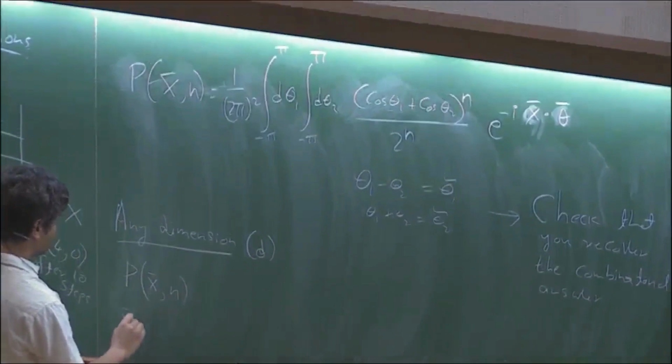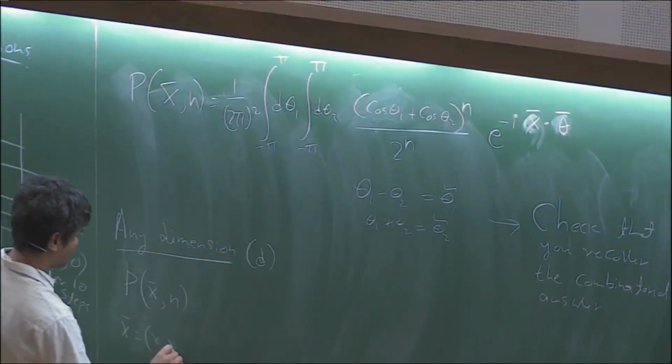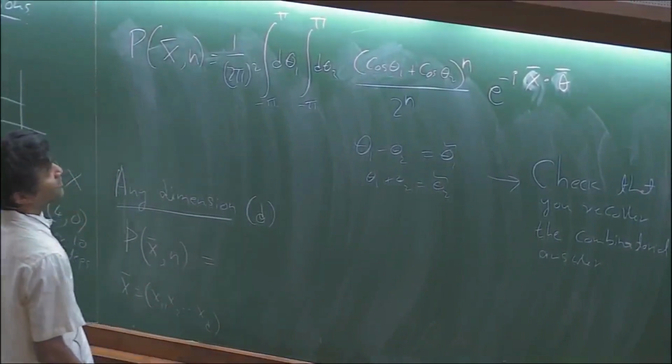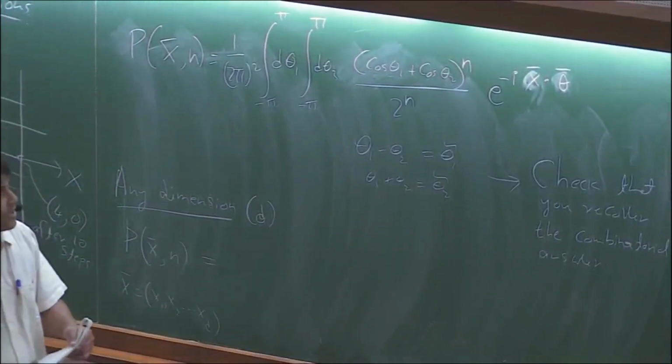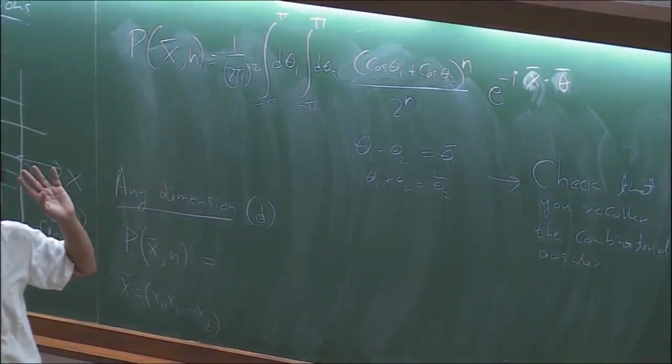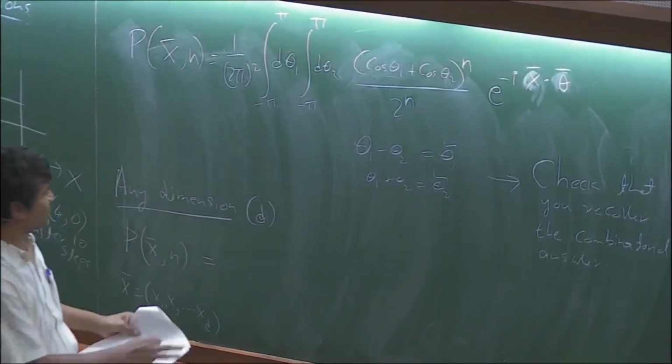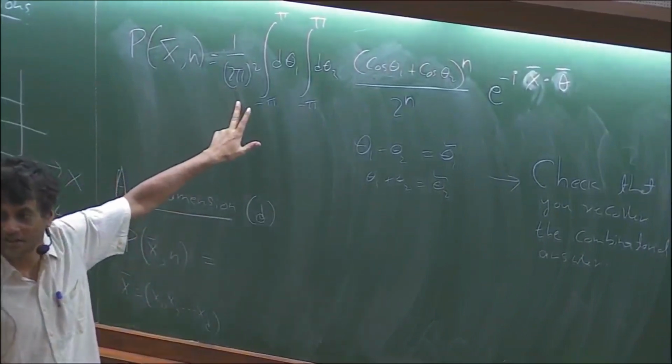Now X bar is, let's say, X1, and so on. So what should be the answer? Given this and what we saw for 1D, you can write the 3D answer immediately. So what will be the generalization of this?